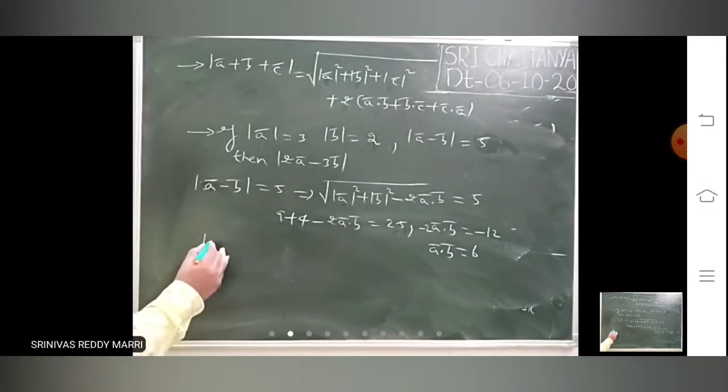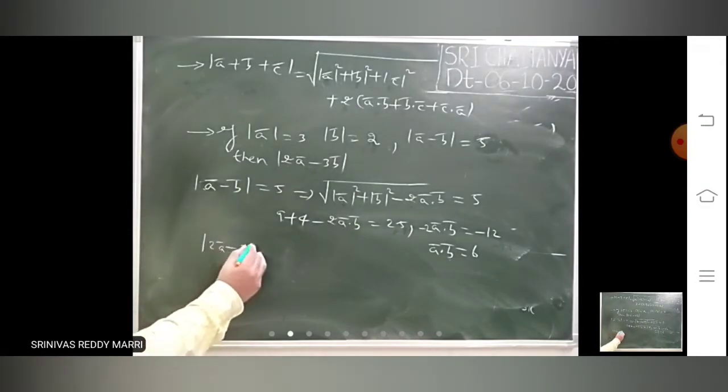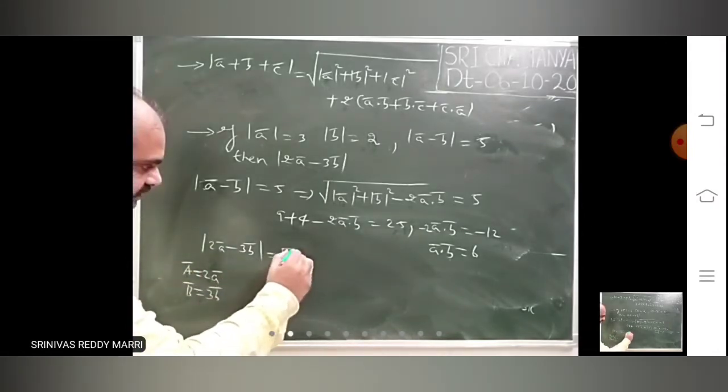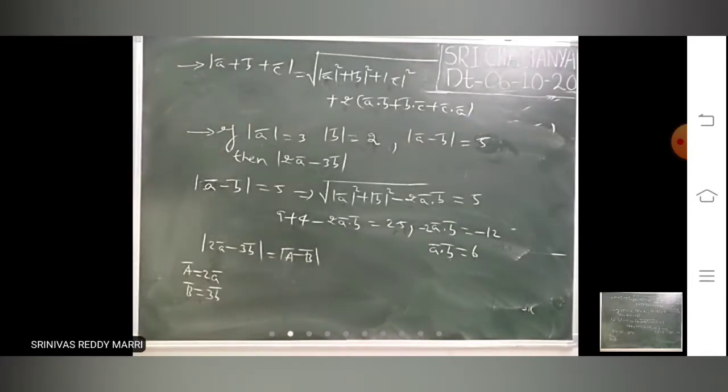Now look at this: 2A bar minus 3B bar. Whenever A bar directly is not there, for convenience, you take this as A bar. If constant into A bar is there, for convenience you take this as A bar, this is B bar.